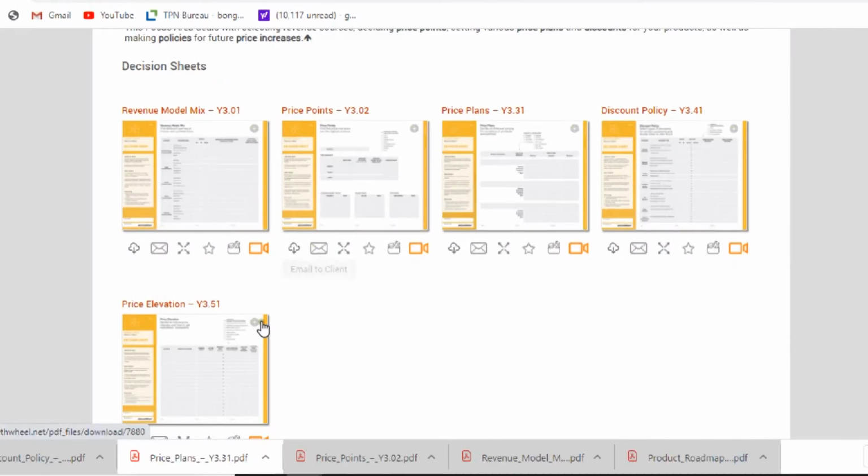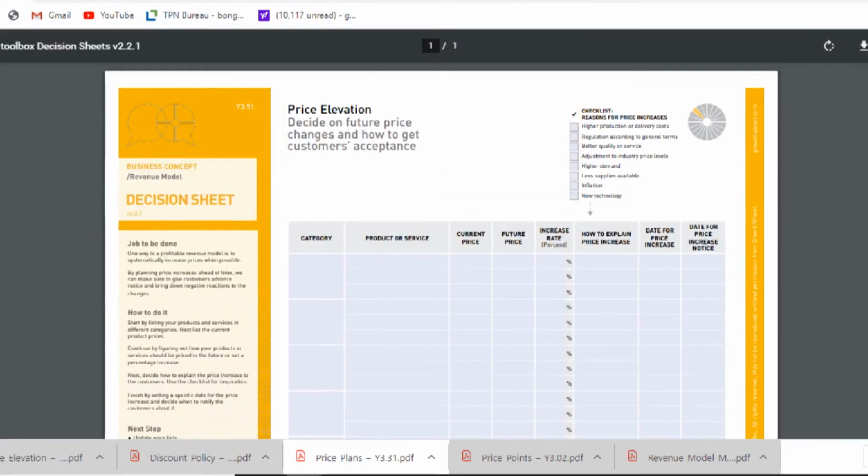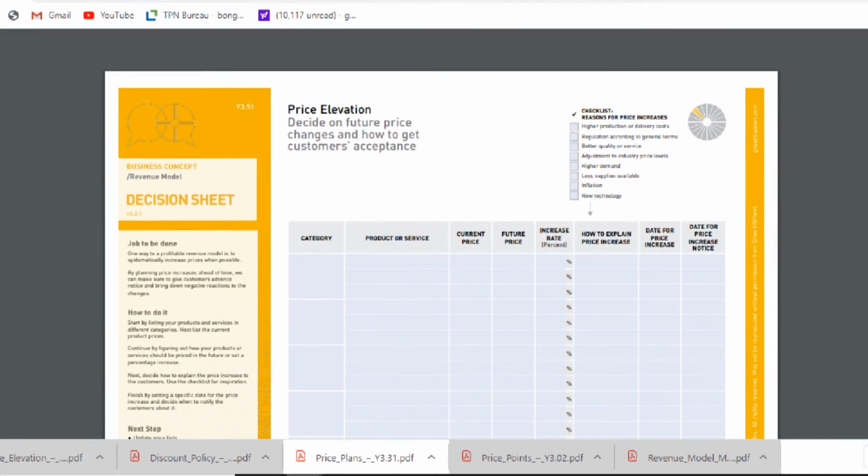Then lastly, I want us to look at price elevation. When we speak about price elevation, how do you know when to increase your price? Because you need to know that you cannot always have one price. At some point, things become expensive, but you must know when.